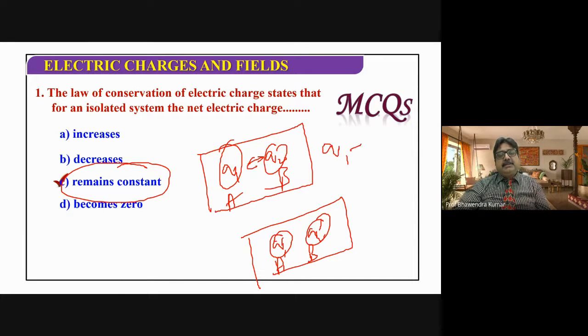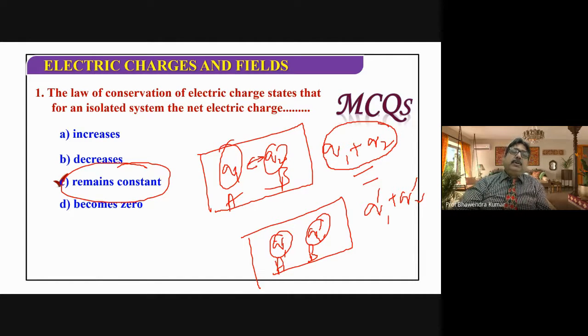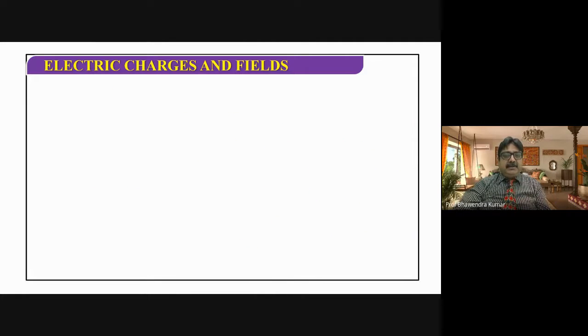Total initial charge was Q1 plus Q2. Total final charge is Q1 dash plus Q2 dash. According to the conservation of charge principle, for the isolated system, total initial charge, that is Q1 plus Q2, will be equal to total final charge, that is Q1 dash plus Q2 dash. That is known as the conservation of electric charge principle.